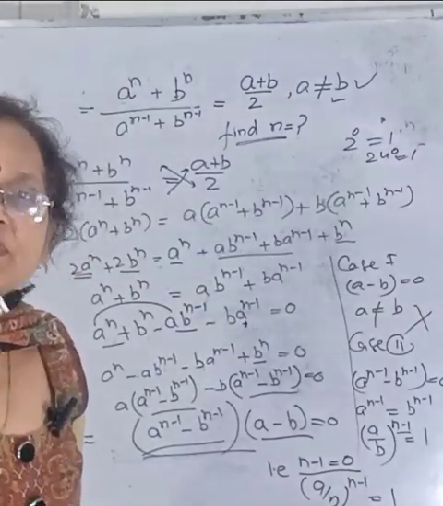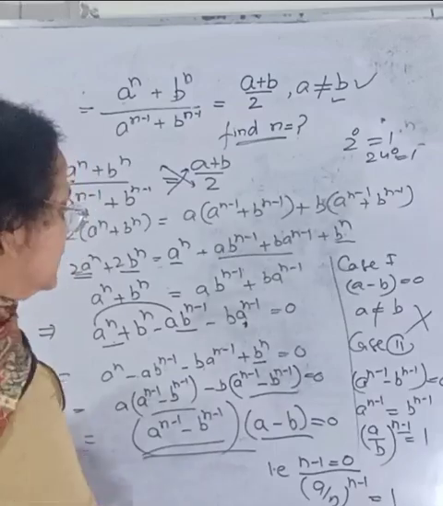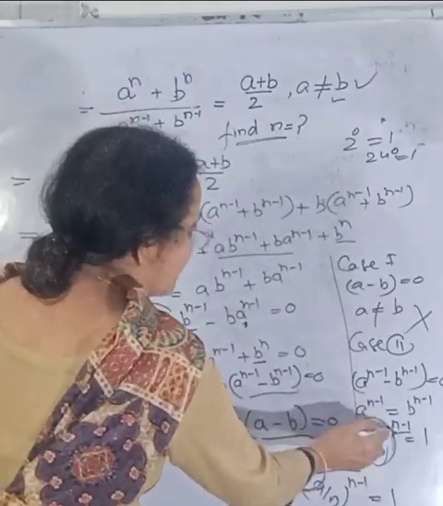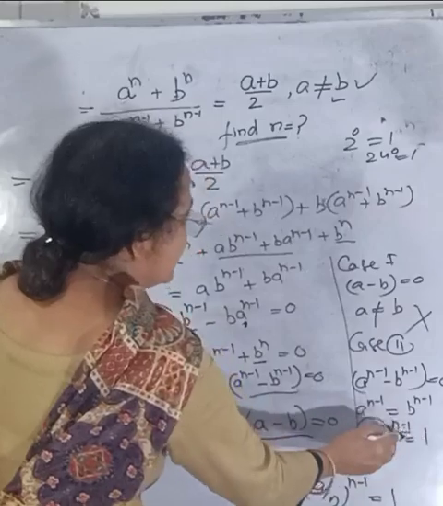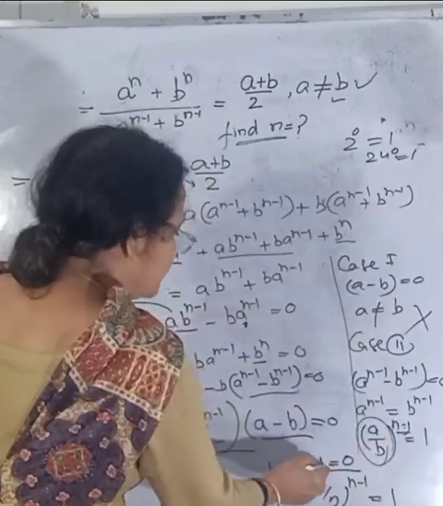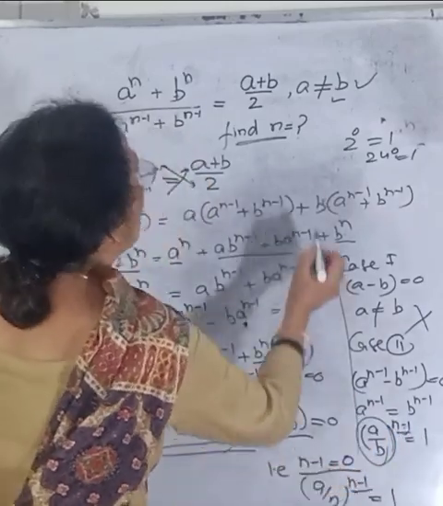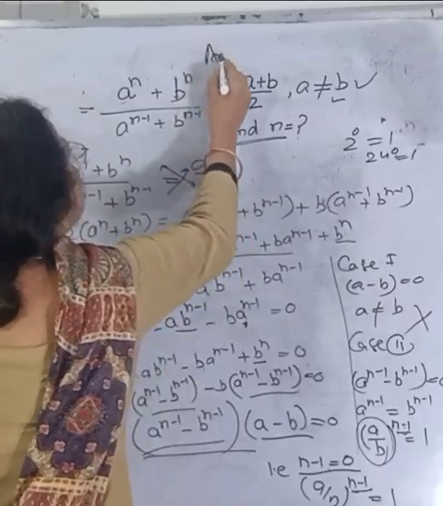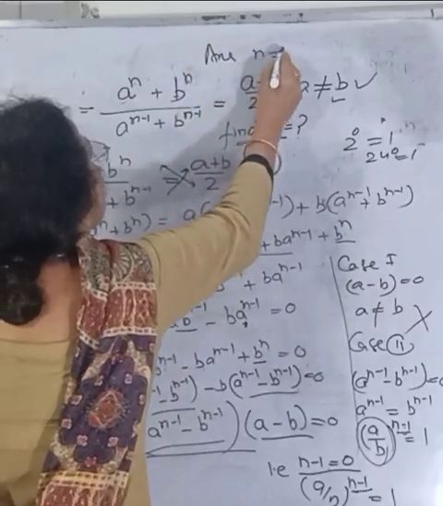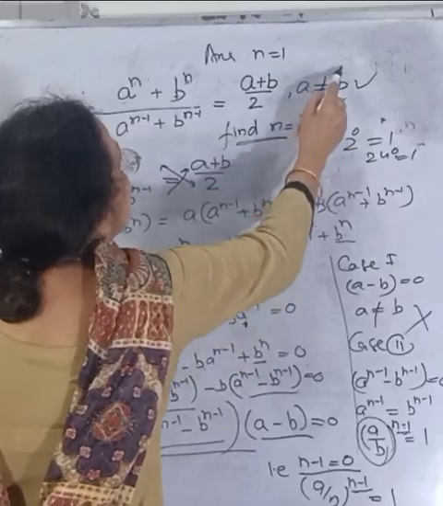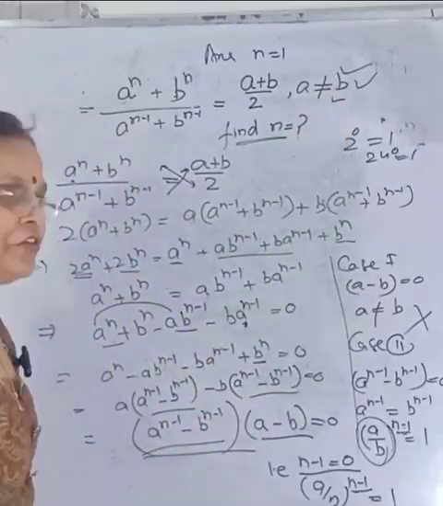Any number with power 0 is always equal to 1. So n minus 1 power should be equal to 0 and hence n will be 1. The answer is n is equal to 1, with the condition that a is not equal to b.